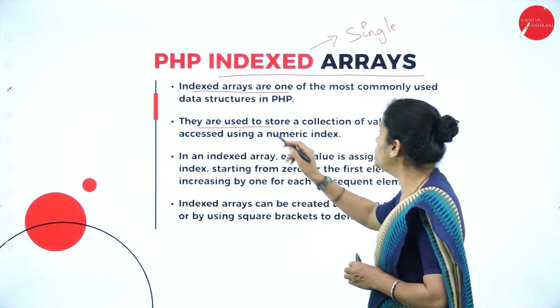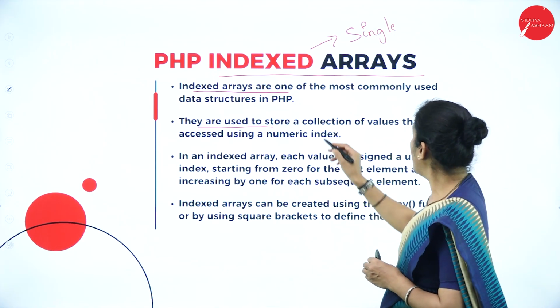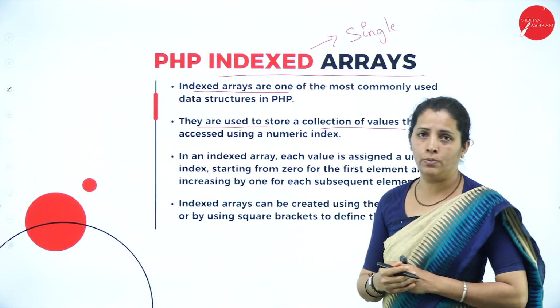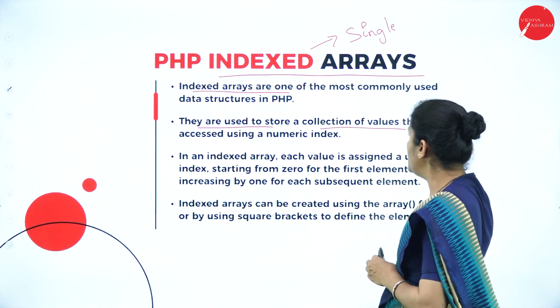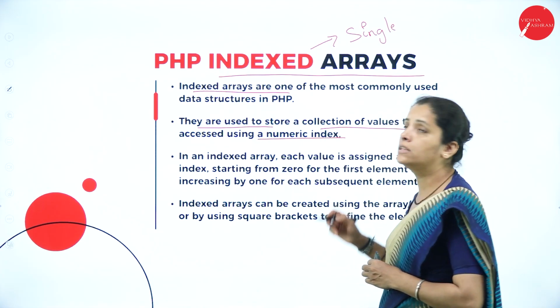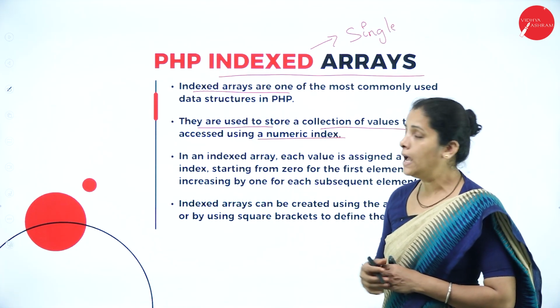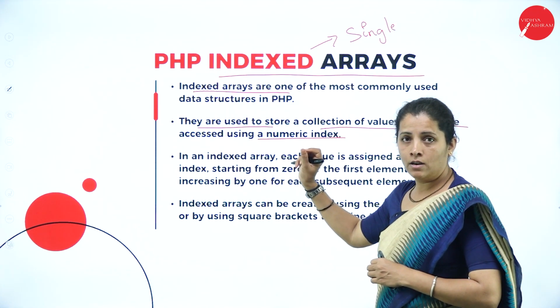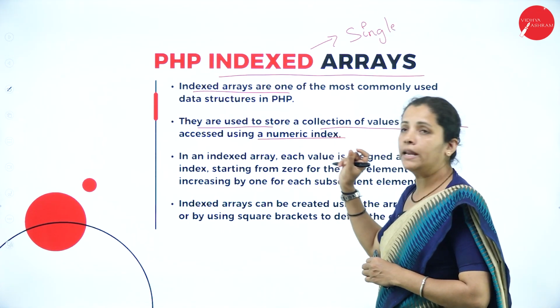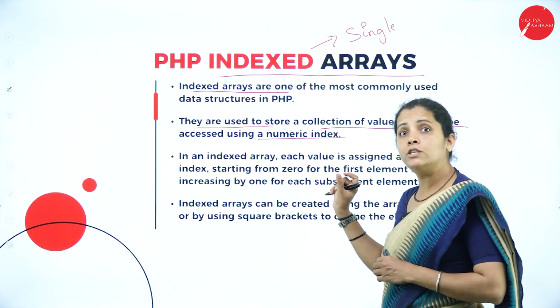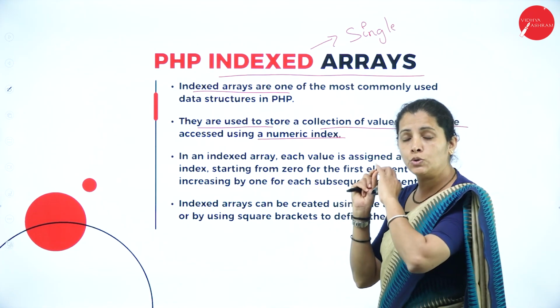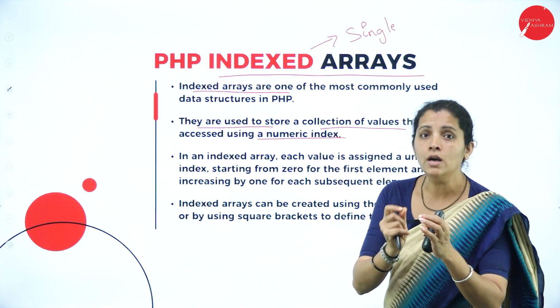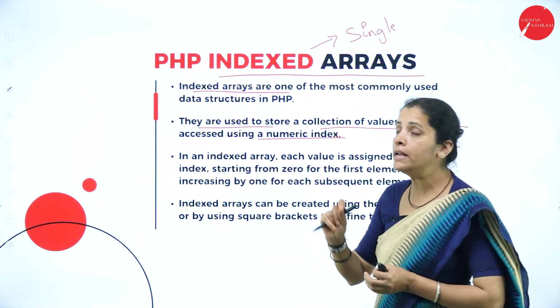They are used to store a collection of values, and each value is associated with a numeric index. I repeat, each value can be accessed through the numeric index. And when I store the value, I'm going to store the value with respect to the numeric index.